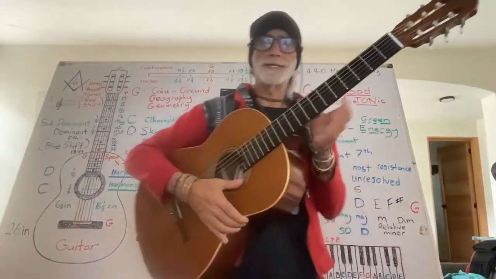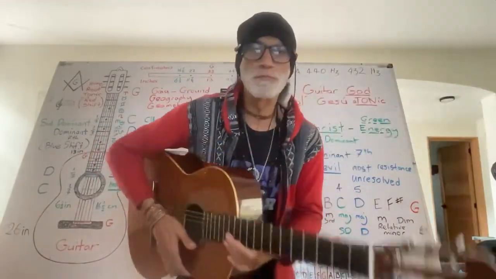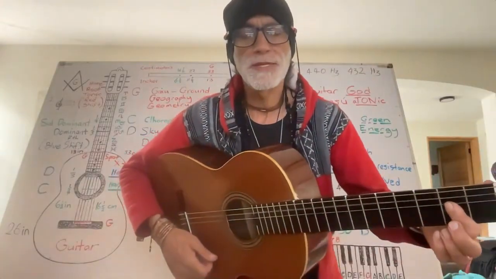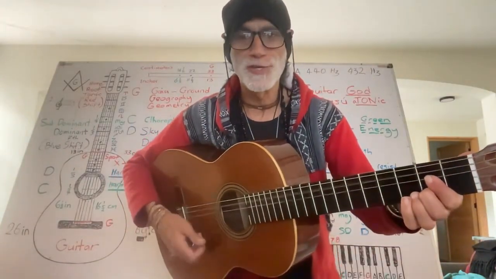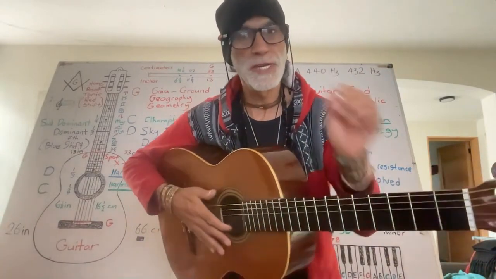So bulerías in flamenco, which is blues, happens to be the most, and it's not red G, it's orange. But I see it as a red.